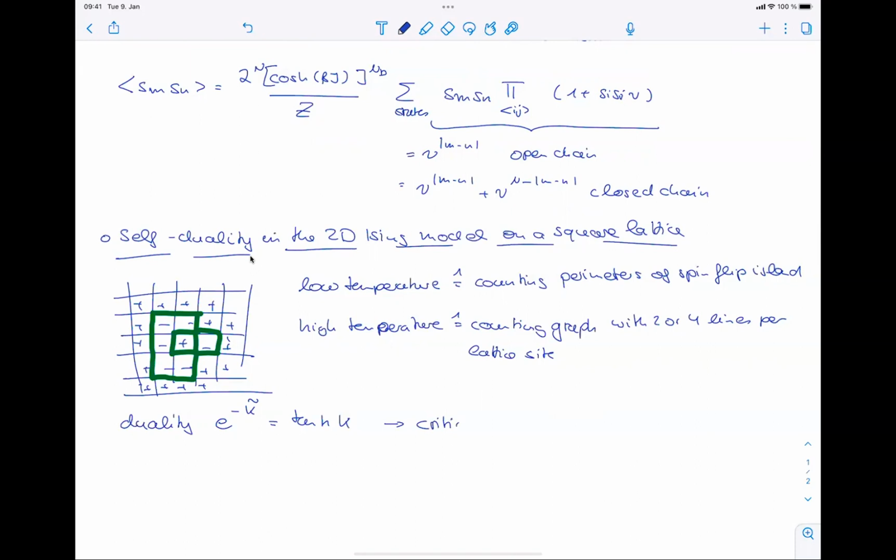So the critical temperature we here could then derive from e to the critical coupling, which is related to maps like this, where K_c is 1 over k_B T_c times J.